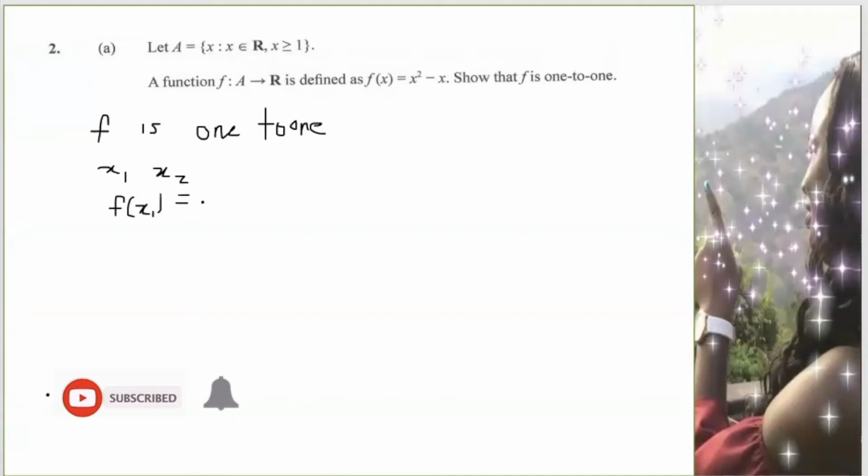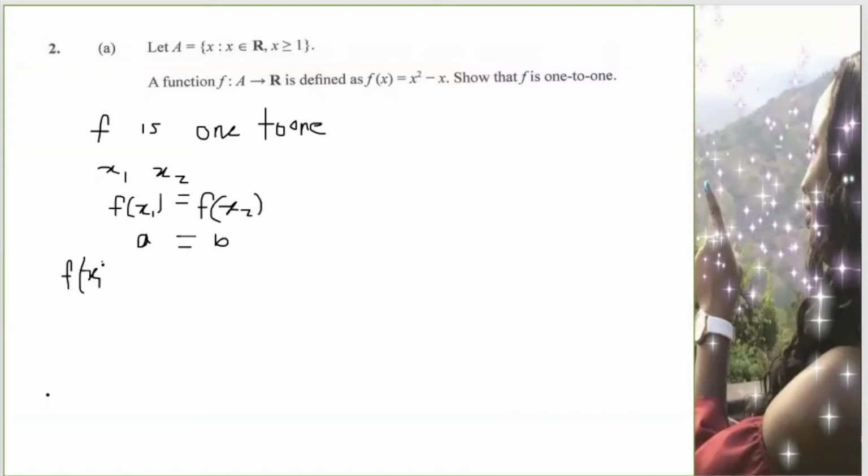So I'll be substituting x1 into the function x squared minus x. If we have them being equal, it is considered to be one-to-one. So that's what we're going to do.